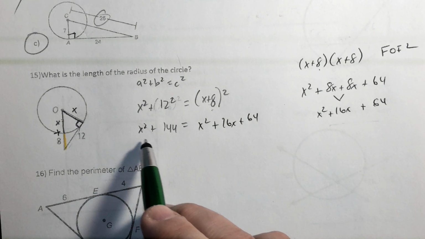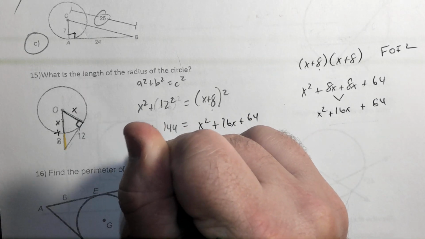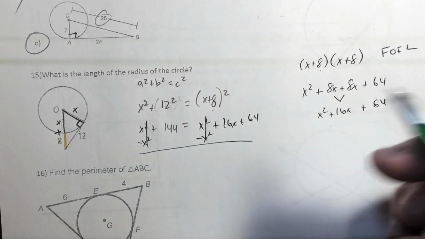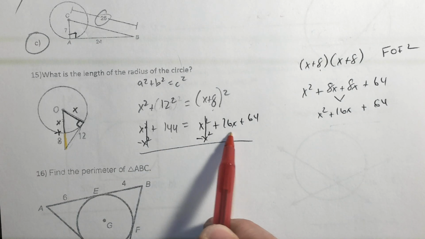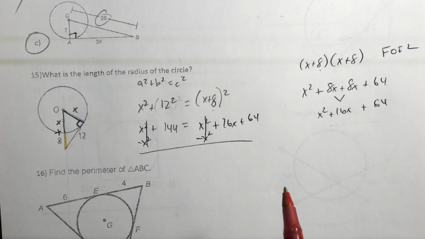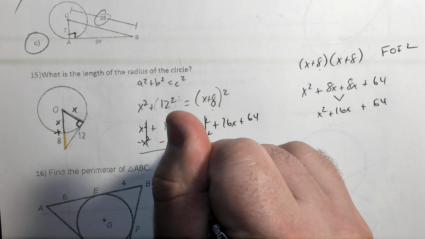Alright, so I'm going to get rid of the x squared. I subtract it from both sides, and these guys are gone. So now we have 144 equals 16x plus 64.